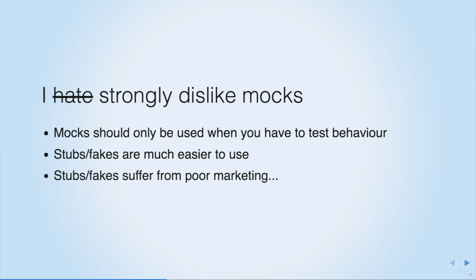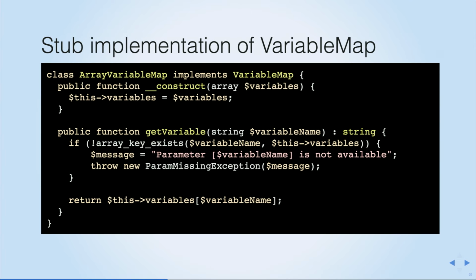So we can create a stub implementation of the variable map to use in our tests. For the real implementation, we were passing in a PSR7 request object.